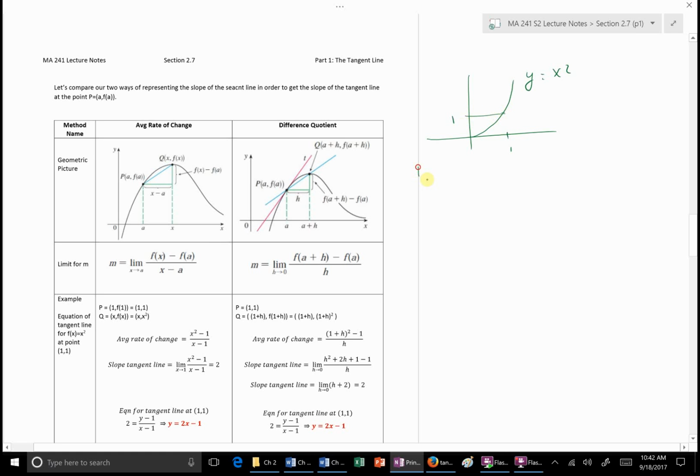And the problem is asking me for the equation of the tangent line. So what do I need? I need two things. What do you think? What do I need for the equation of the tangent line? I need a point.